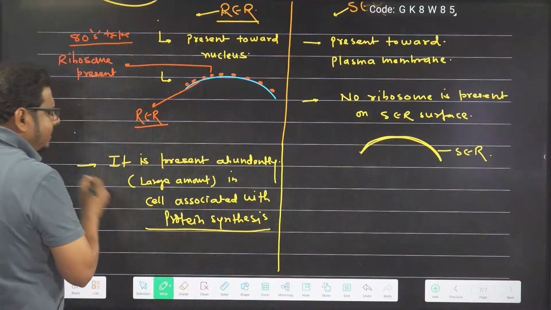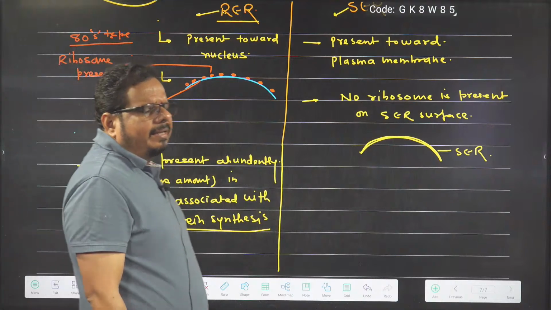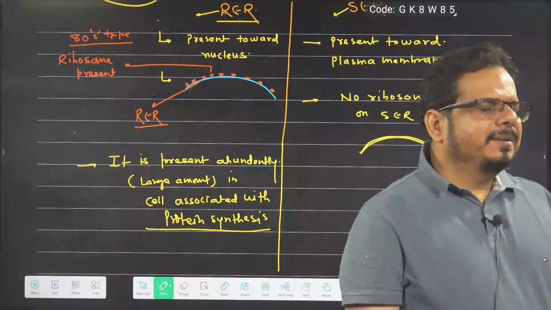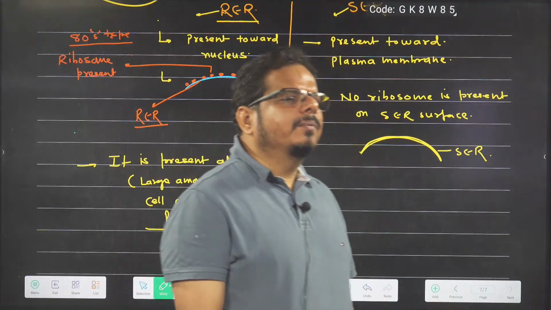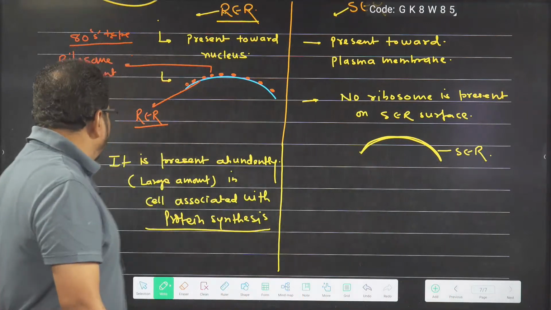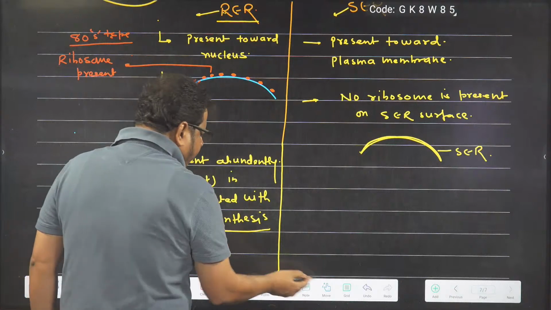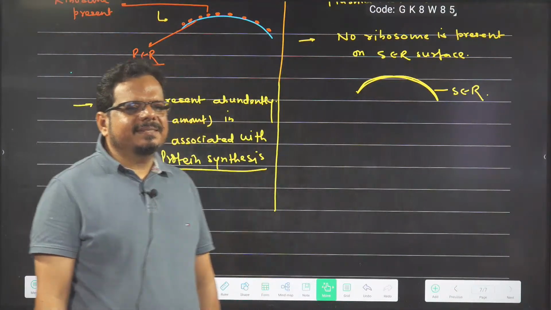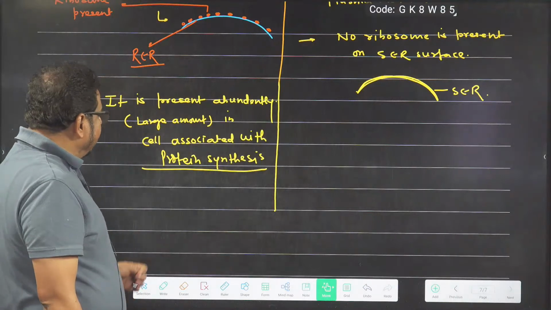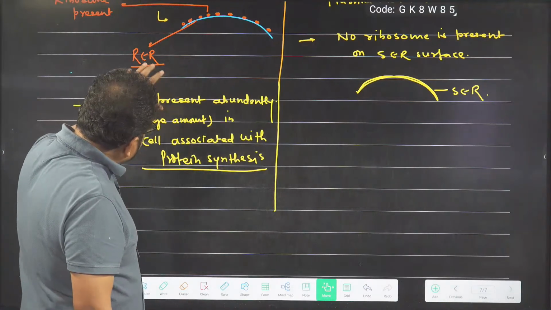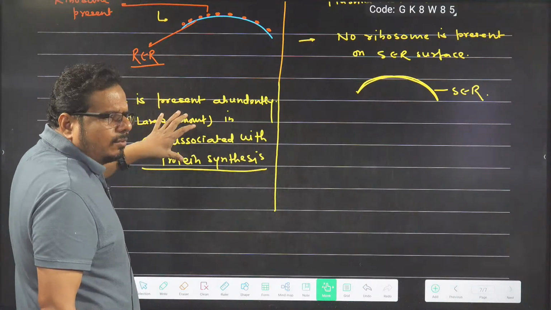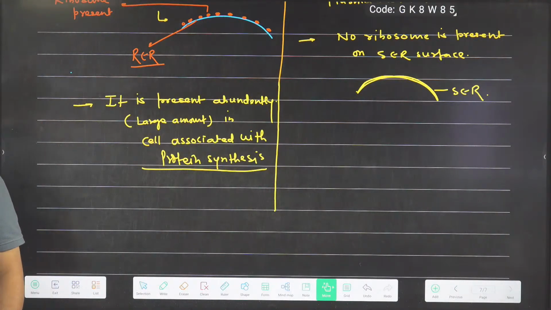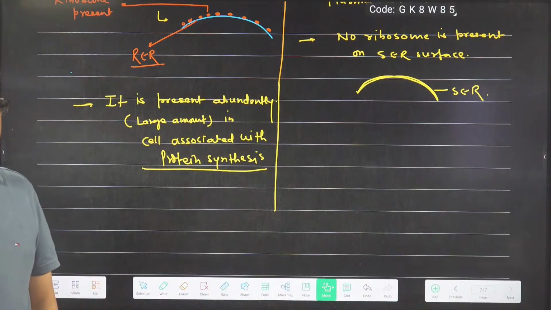So all the cells that are actively involved in protein synthesis or enzyme synthesis, because most enzymes are made up of which one? Protein. In that particular cell you will find rough endoplasmic reticulum present in large amount.